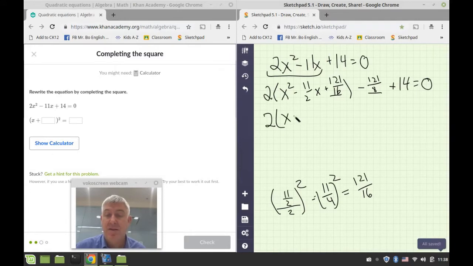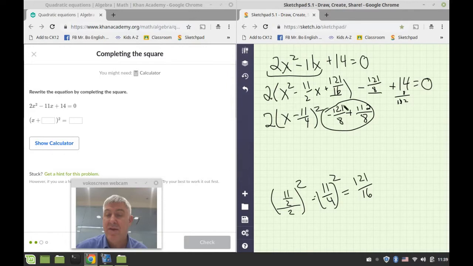X minus 11/4 squared, and we're going to have minus 121/8 plus, I need to convert this to 8, and times 8 is 32. 100, is that right? 32, 8, 100, 112/8, and this is going to be negative 9/8.